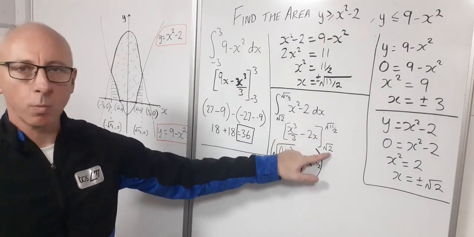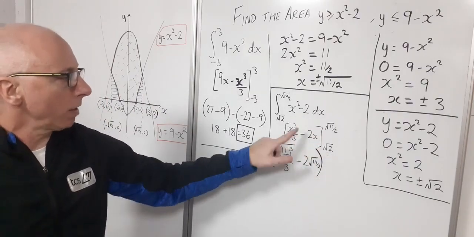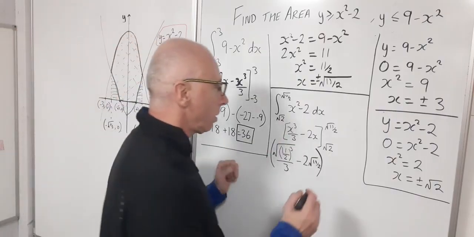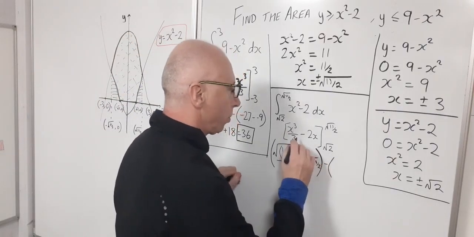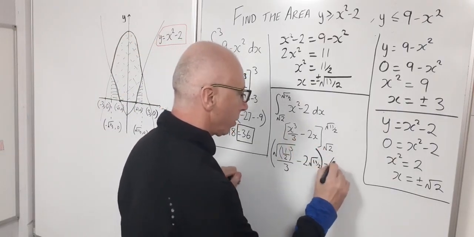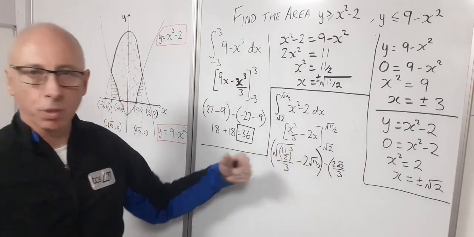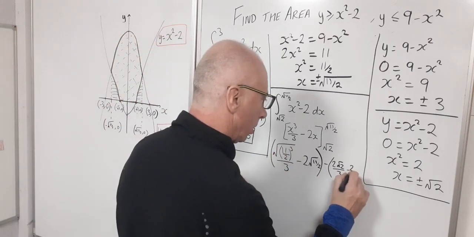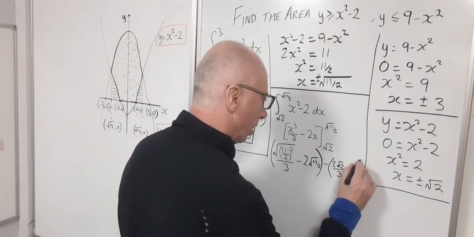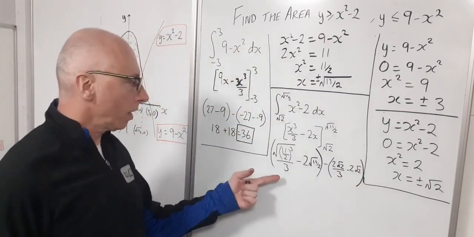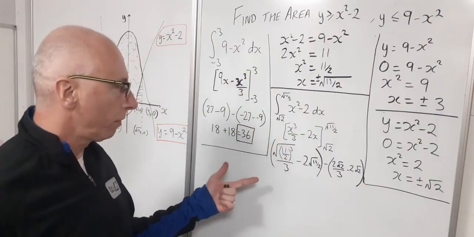Now I need to plug in square root of 2. Square root of 2 cubed is going to give me 2 times square root of 2. So I've got 2 root 2 over 3 minus 2 root 2. That's going to give me approximately 1.49.